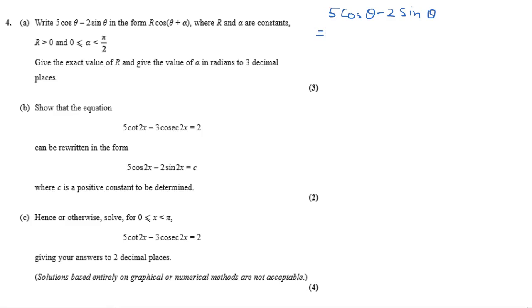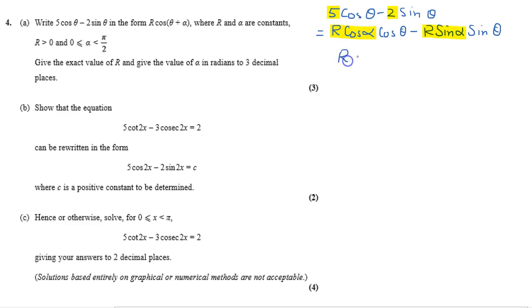If we compare this with r cos alpha cos theta minus r sin alpha sin theta, then comparing the two, 5 is equal to r cos alpha and 2 is equal to r sin alpha.